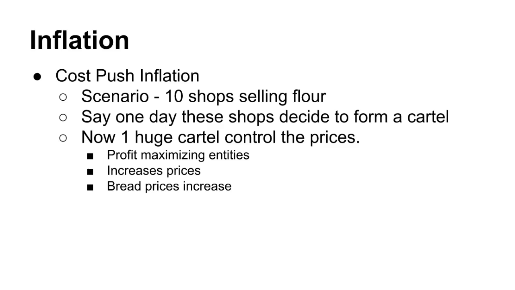So what essentially will happen is there is a cost push or trickling down impact on industries which use flour as their main ingredient. So over here the example is prices of bread will increase by that same amount.